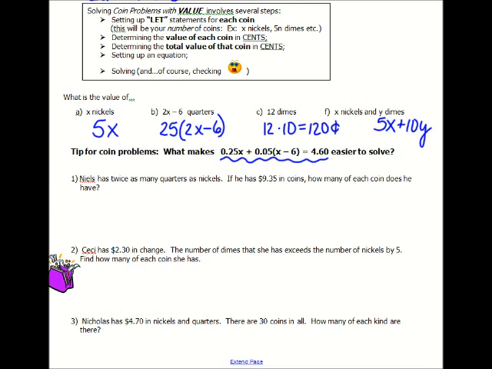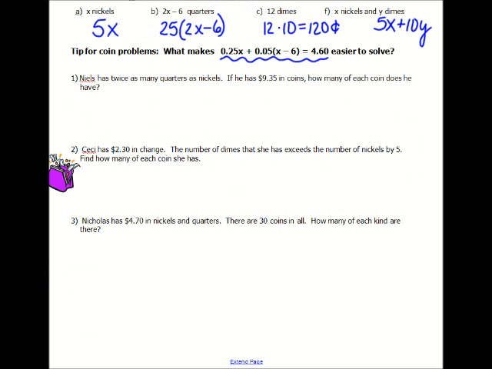Charlie has twice as many quarters as nickels. If he has $9.35 in coins, how many of each does he have? All right, so I would let maybe N equal my number of nickels. And if I have N nickels, then I have 2N equals the number of quarters.